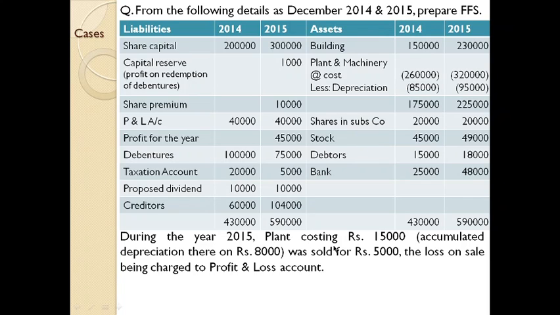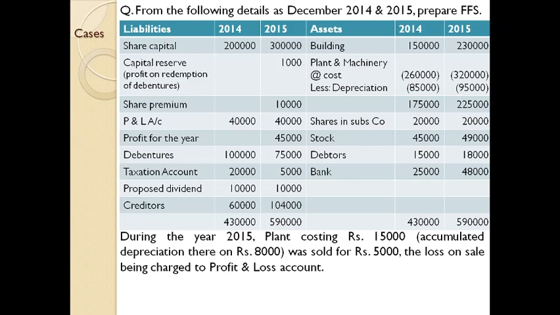Whenever a sale of an asset is given, at the same time a sentence like this is given. The plant costing 15,000, here the cost is given, and the bracket accumulated depreciation is given, and the sale price is given. And you know how to find the loss or profit on the sale of that particular asset.